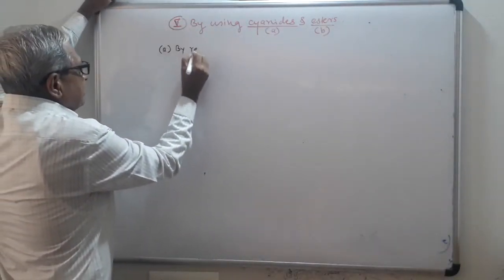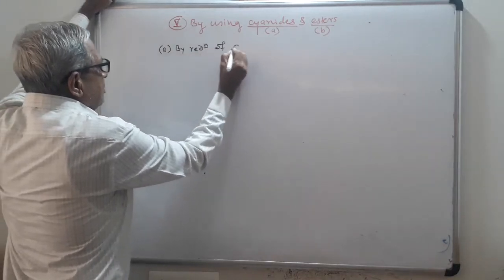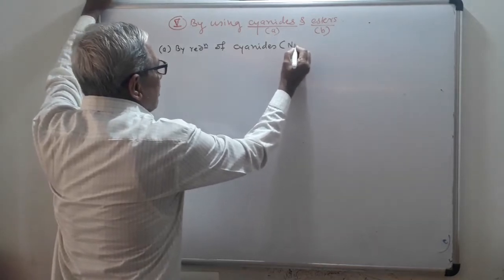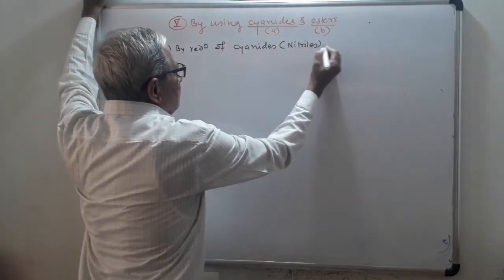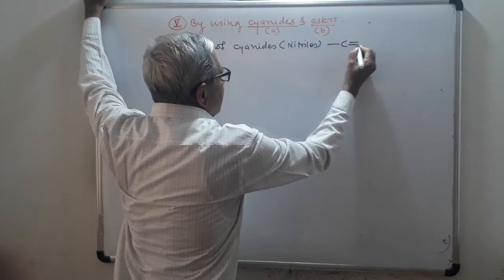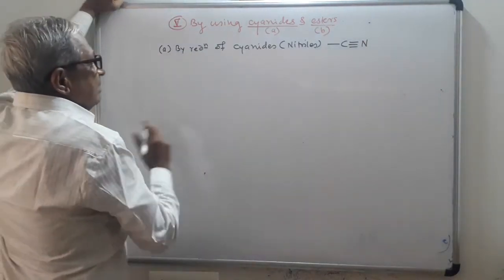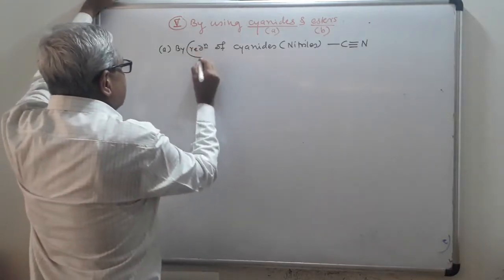By reduction of cyanides. Cyanides are also called nitriles, which have the formula C triple bond N. Now see a reduction.